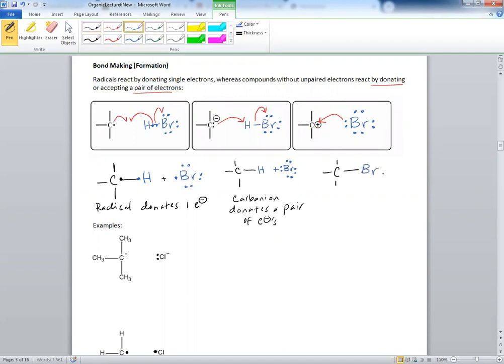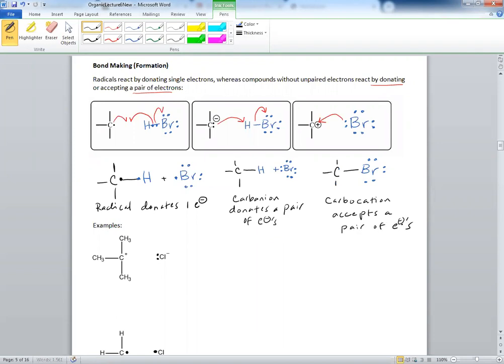Now, of course, they don't have to be in different colors, those atoms, just letting you know. And we don't usually show the pairs, but for this case, we will, just to show you exactly what happened. And of course, in this example, the carbocation accepts a pair of electrons.